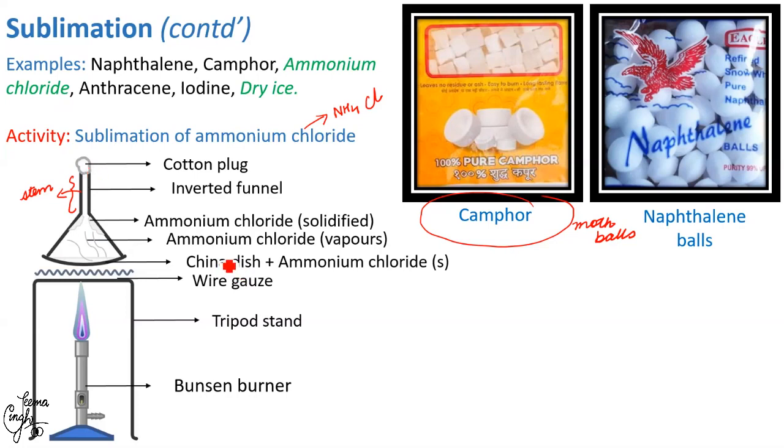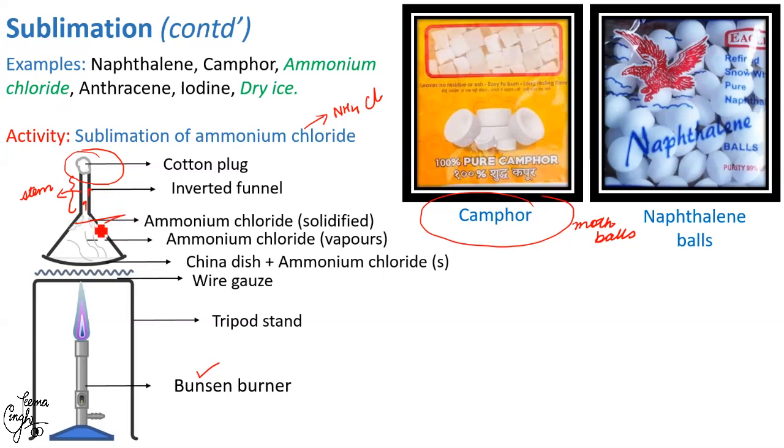Now we slowly and carefully heat the china dish with the help of a Bunsen burner and make our observations. We observe that on being heated, ammonium chloride solid directly converts into white color vapors. These vapors rise up, and as they cannot escape from the funnel end, they convert into solid ammonium chloride.